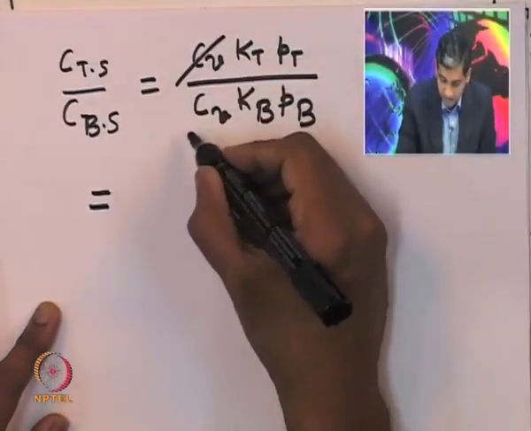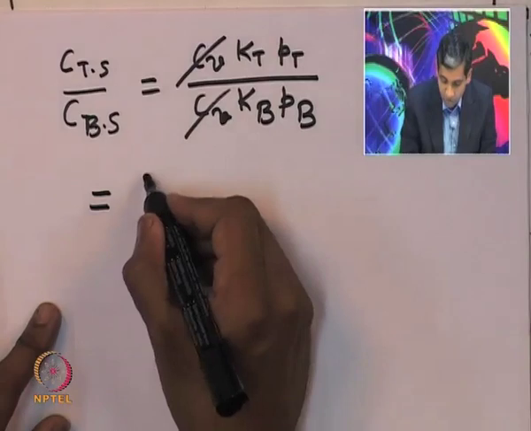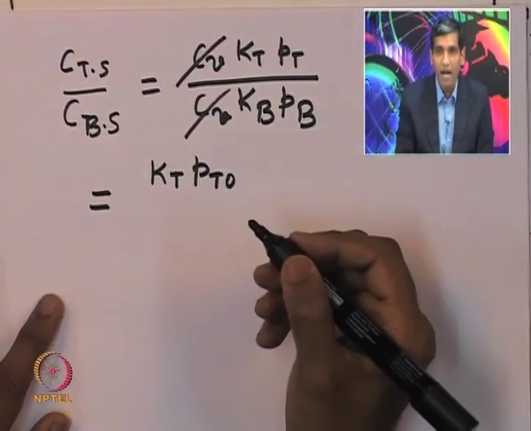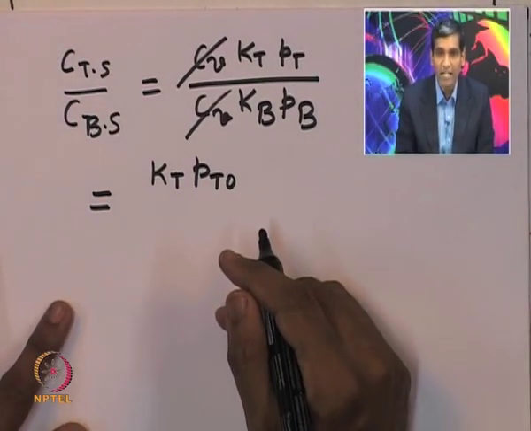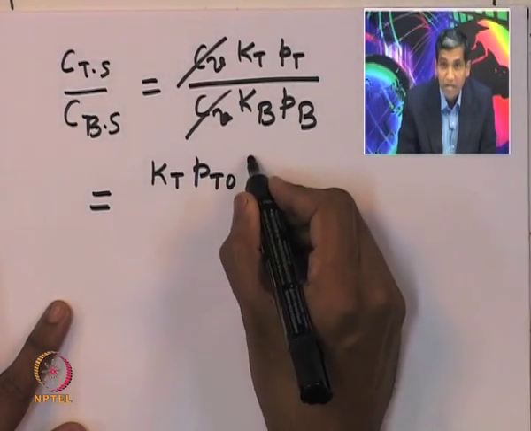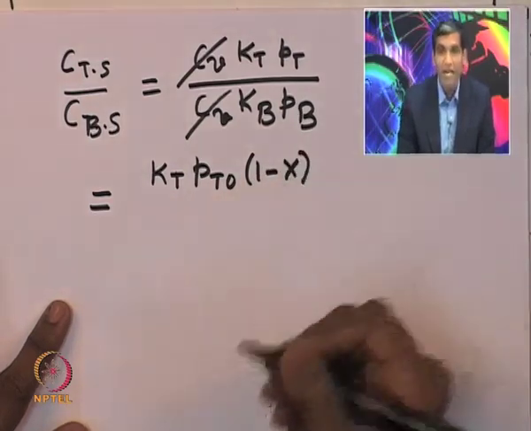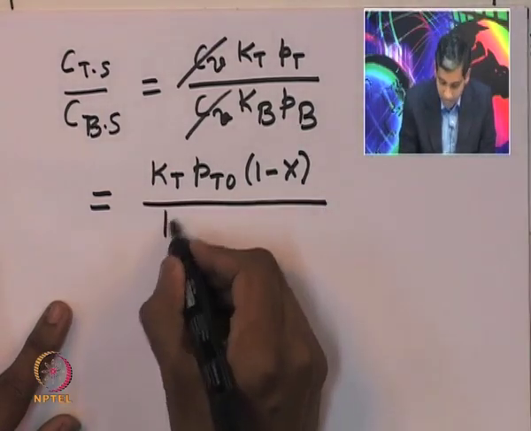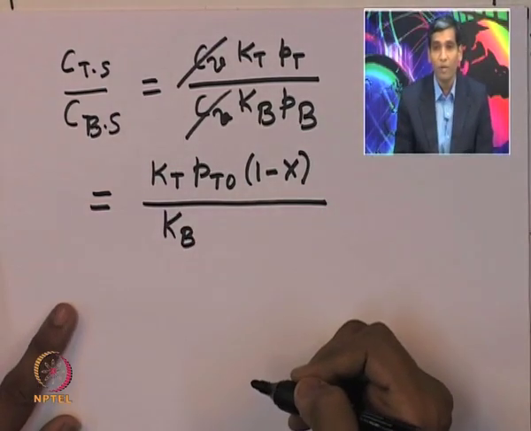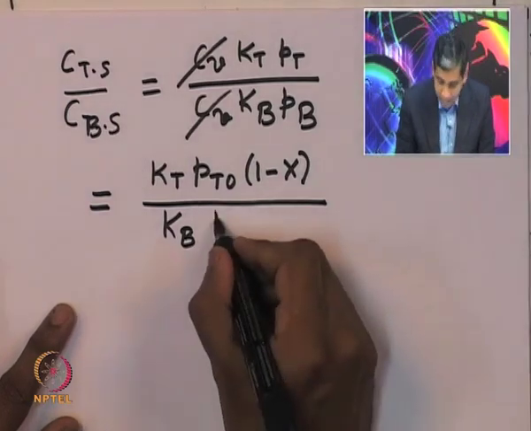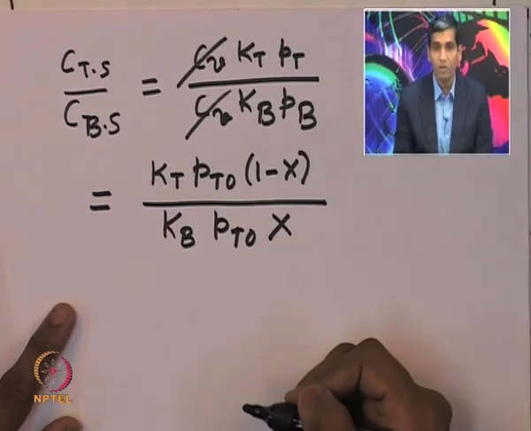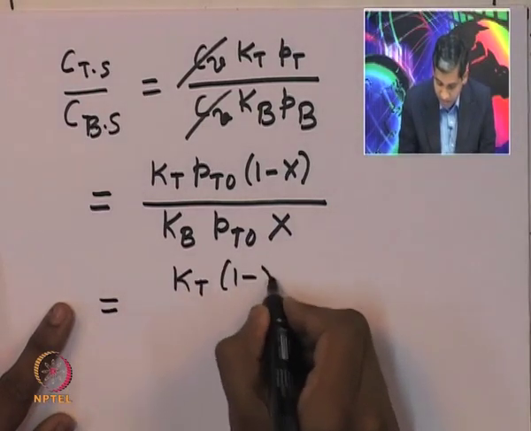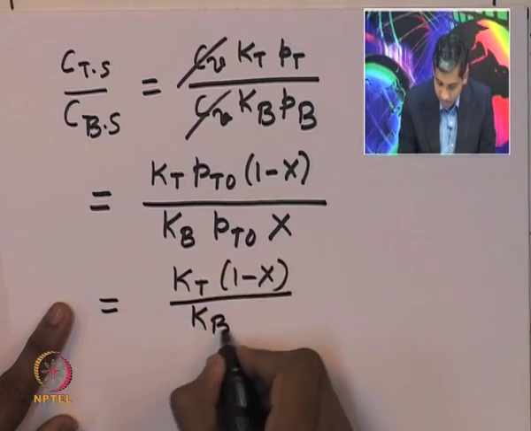Cancelling the vacant sites, this is equal to Kt into Pt, and if the partial pressure at the inlet of the reactor is Pt naught, then Pt is Pt naught multiplied by 1 minus x, where x stands for the conversion, divided by Kb, the corresponding adsorption-desorption constant, multiplied by Pt naught into x. This equals Kt into 1 minus x divided by Kb into x.